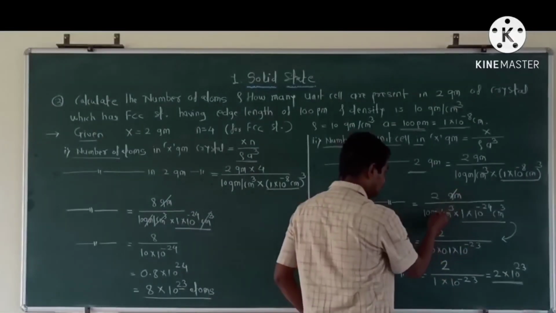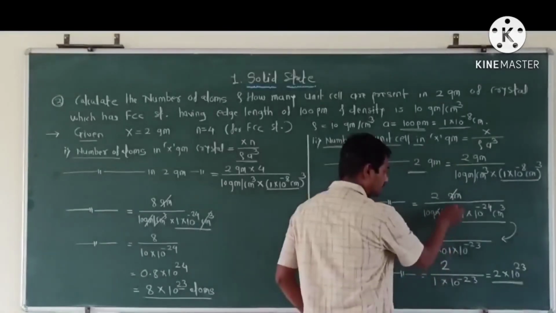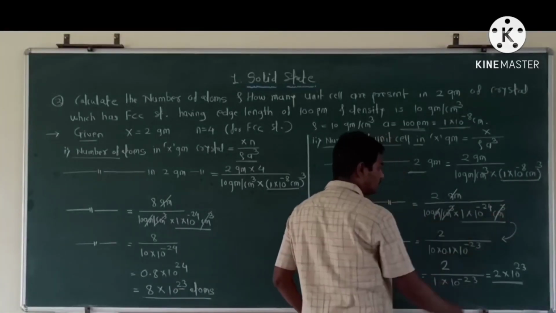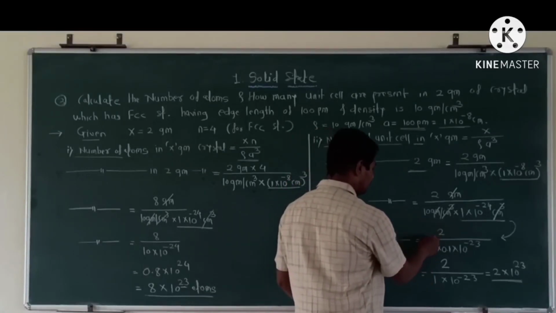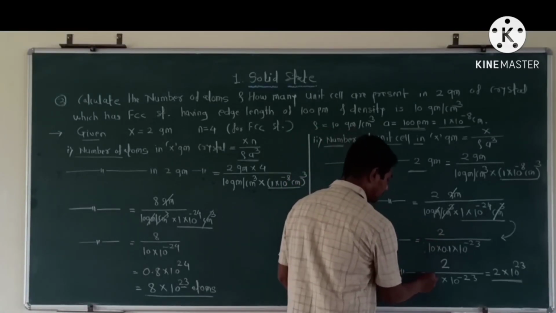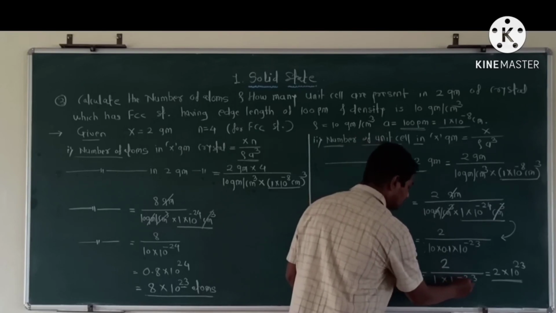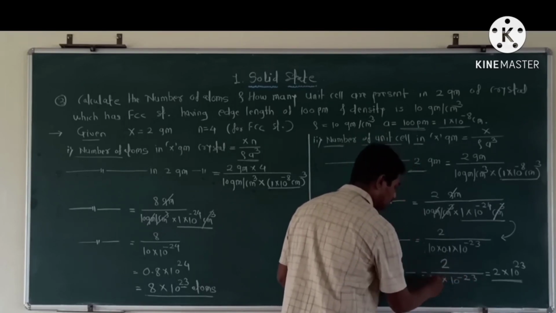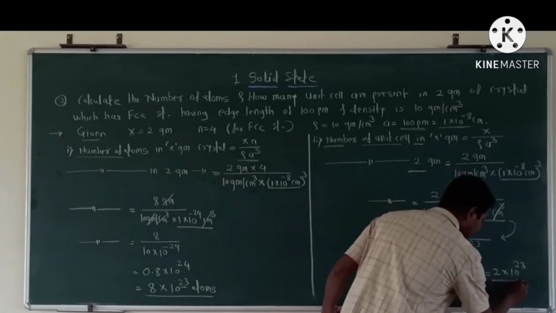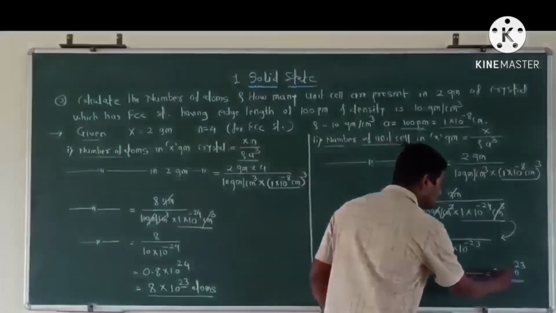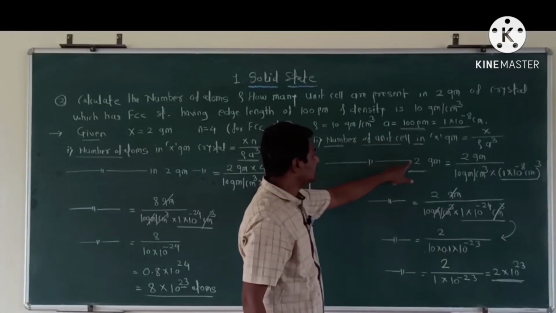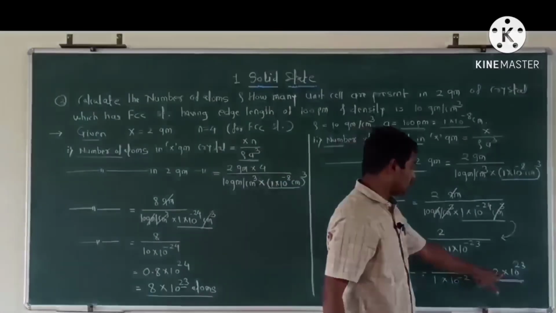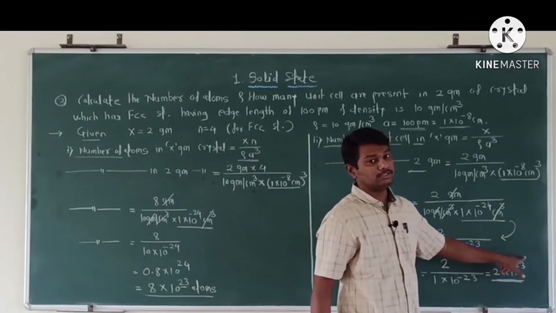Here the units are cancelled, gram gets cancelled, per centimeter cube gets cancelled. After solving, we get 2 divided by 1 into 10 raised to minus 23, and the final answer is 2 into 10 raised to 23. That is, the number of unit cells in 2 gram is 2 into 10 raised to 23.